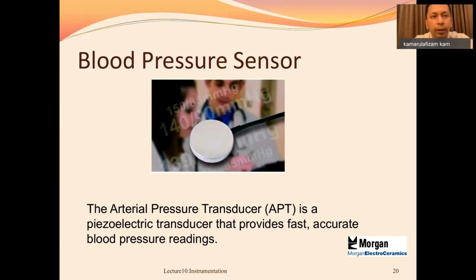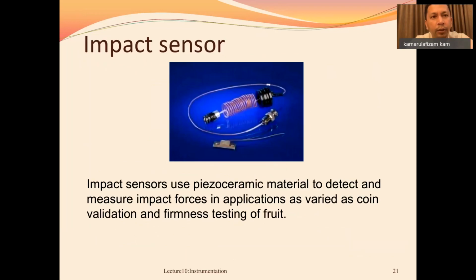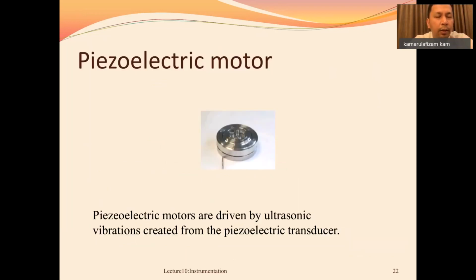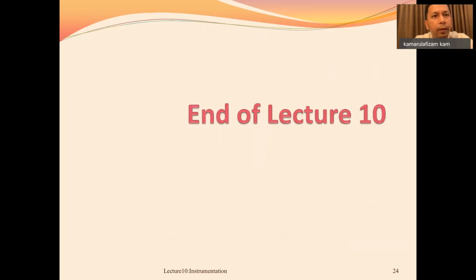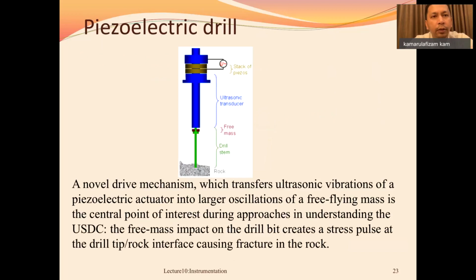This is where you get the signal for the application. So this is impact sensor. Piezoelectric motors also use piezo material, piezoelectric drill.